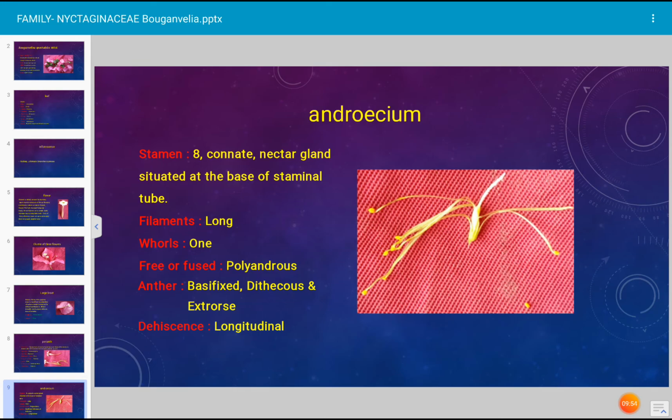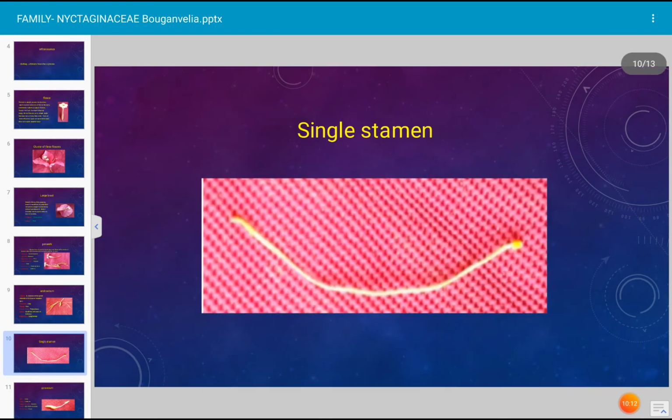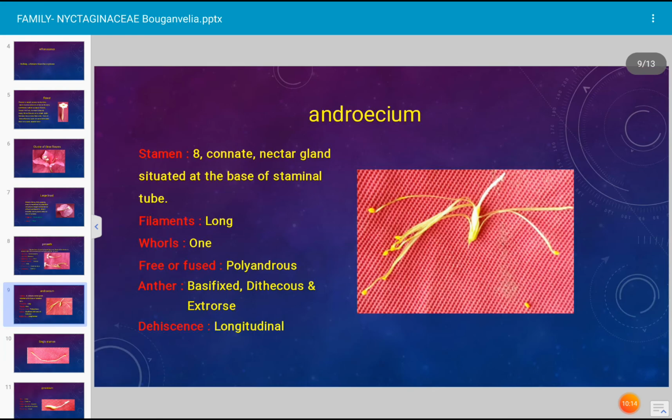The anther is attached to the filament by its basal region. Therefore, the anther is basifixed, and anthers are dithecous, meaning two-celled, and extrorse. What is extrorse? The face of the anther is toward the peripheral region of the flower.